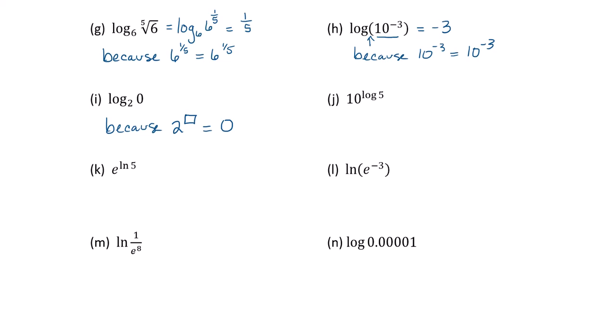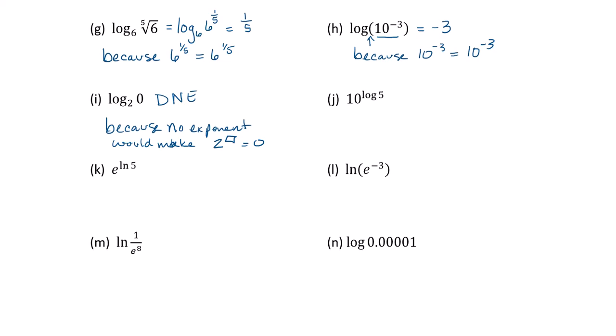But still, it's not 0. In fact, there's nothing that you could put as an exponent on 2 that would turn it into 0. No exponent would make 2 equal 0. So this does not exist.